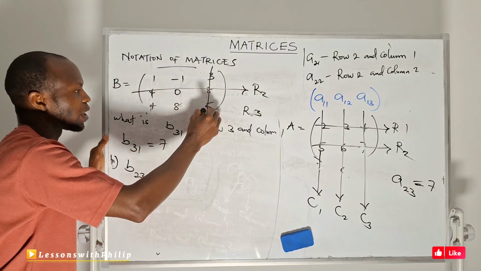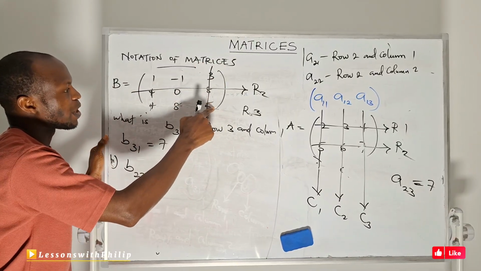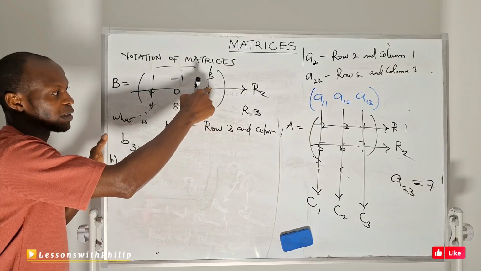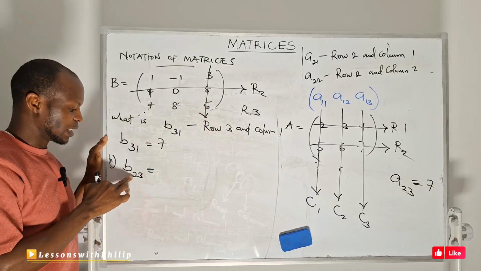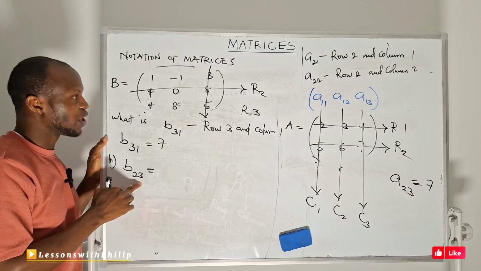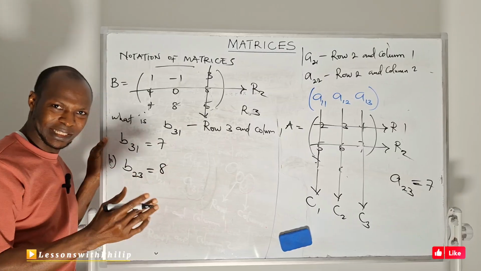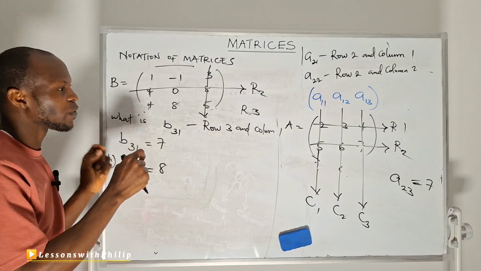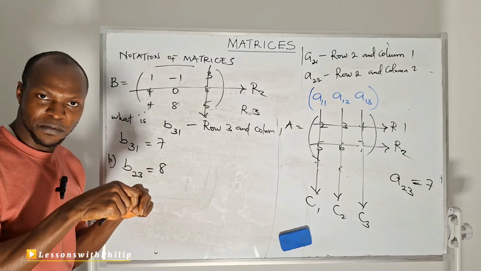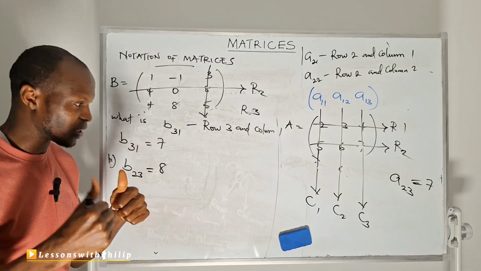This is your column 3. Okay, your column 3, where did they meet? They meet at 8. That shows your B23, your element at row 2, column 3, will be 8. Do you get it? Are you getting it? So this is the way you can identify the position of an element in a matrix. Do you get it? Perfect.